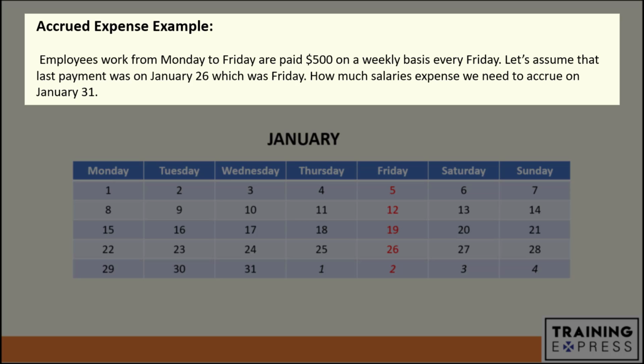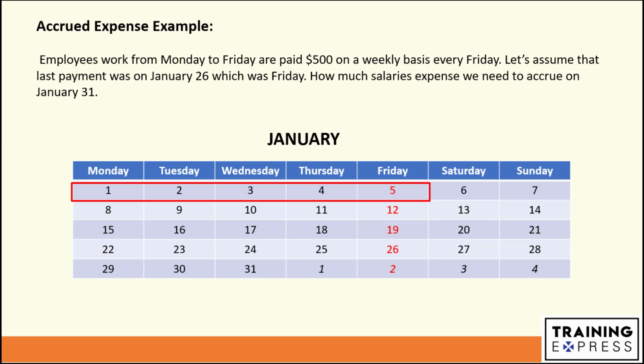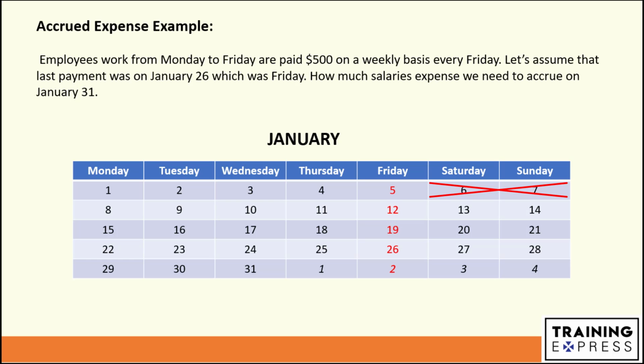How much salaries expense do we need to accrue on January 31? Please look at this calendar. Employees work from Monday to Friday, which means 5 days a week. It simply means that Saturday and Sunday are off or holiday.